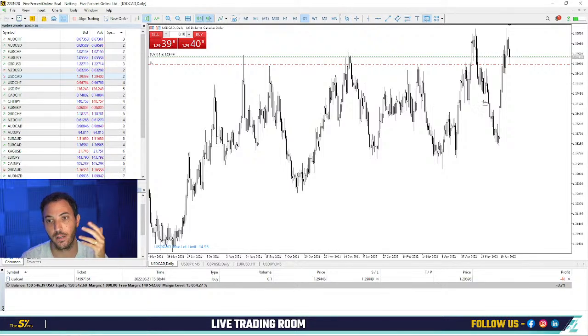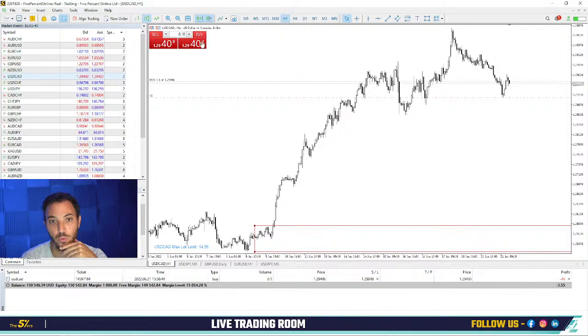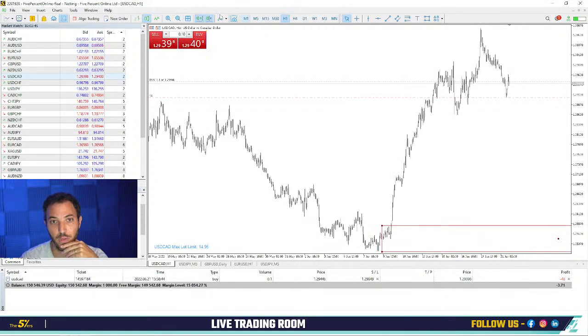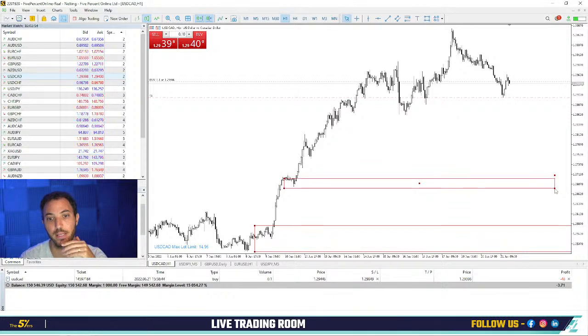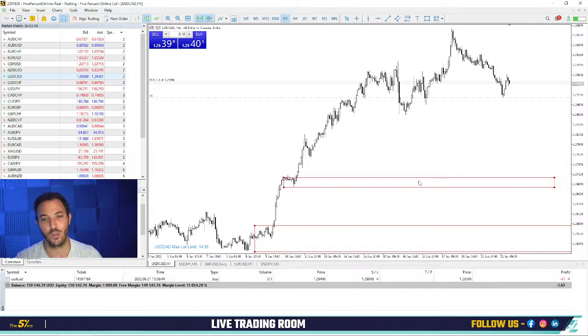This was a fundamental movement to the upside, creating very clear demand areas. Of course there's a clear demand at the bottom, and if we go to lower time frames, we can recognize other areas of demand. These are areas where significant movements were created or started.